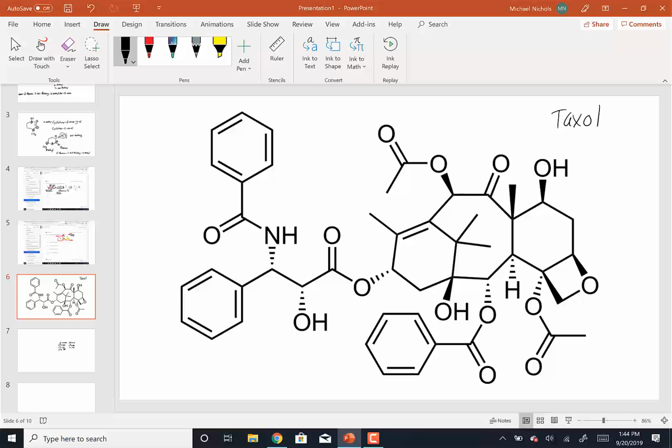And so if you're ever wondering, like, why am I learning all this stuff? This molecule is one of the reasons why, because this molecule has a very good purpose in life. Why do I have it on a slide? Well, because look at all the different functional groups that are in this molecule.